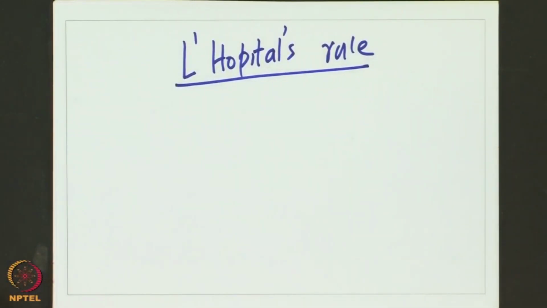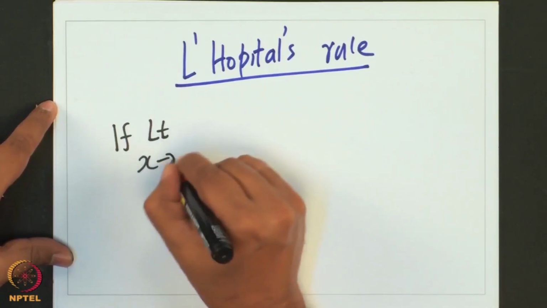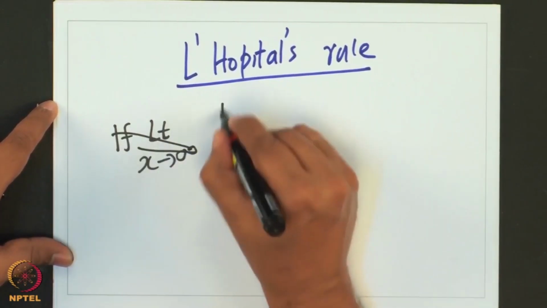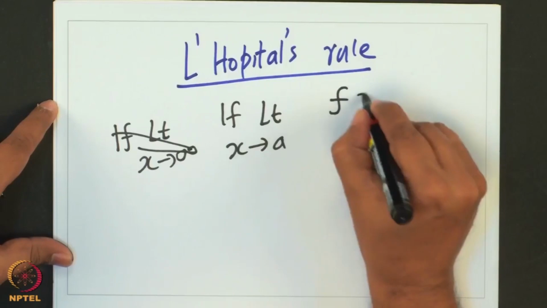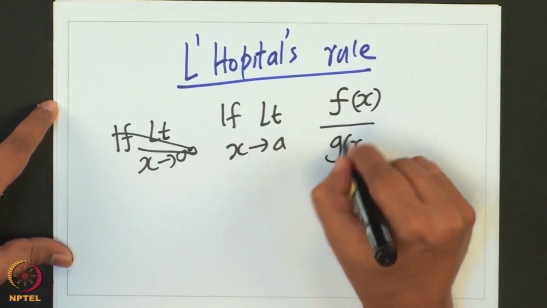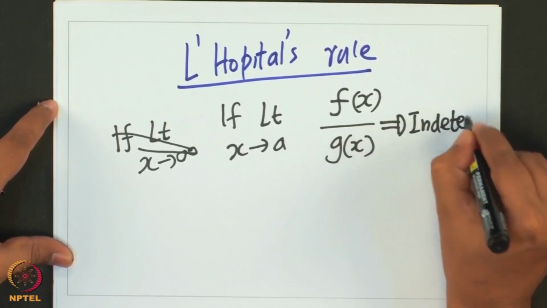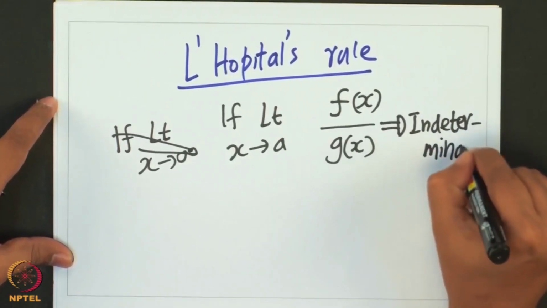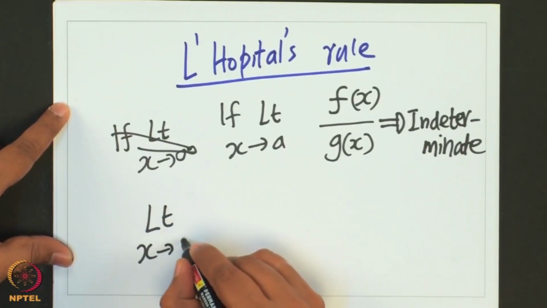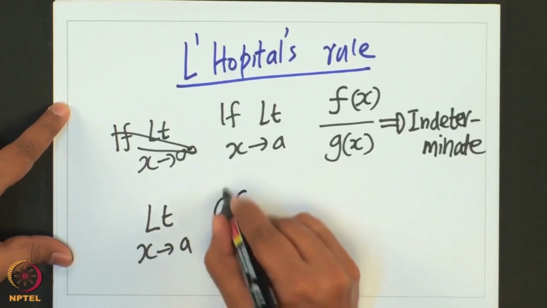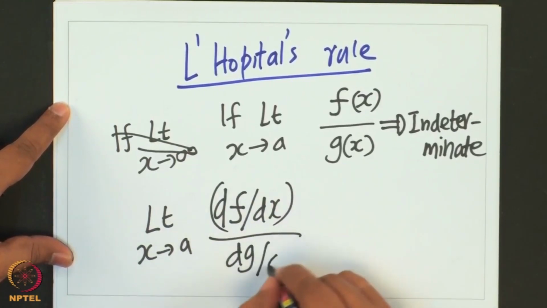This would essentially say that if you have a function, if the limit x going to some a of f of x by g of x is indeterminate, then you take the limit x going to a of df by dx and dg by dx.